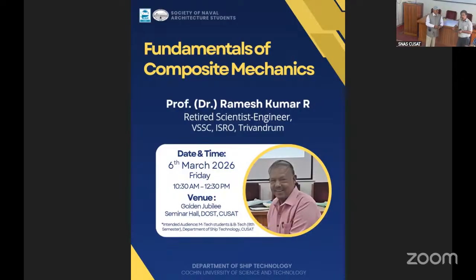We have also purchased a vacuum pump. In our department, we have the vacuum pump and all the facilities. If you want to make a laminate, we have the vacuum pump facility and vacuum bag, and we can make the composite. So do one thing: take up one material, particularly composite materials, and plan a design.